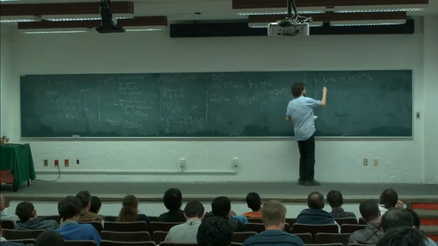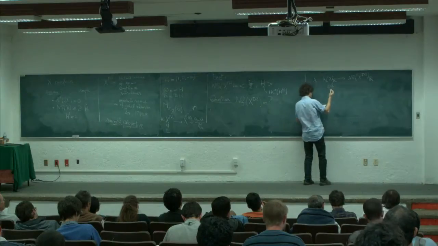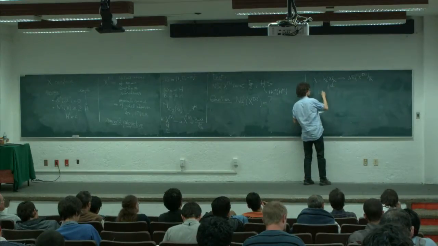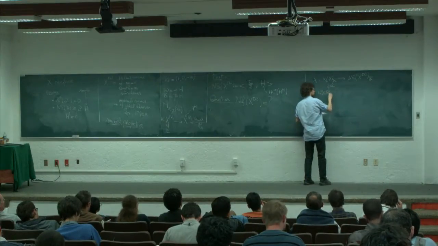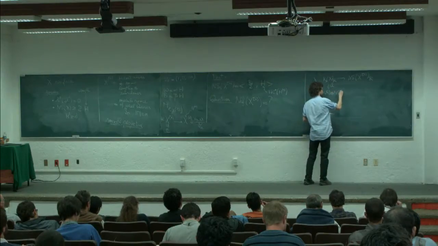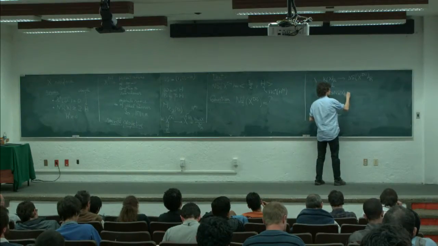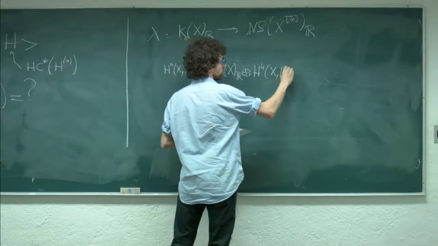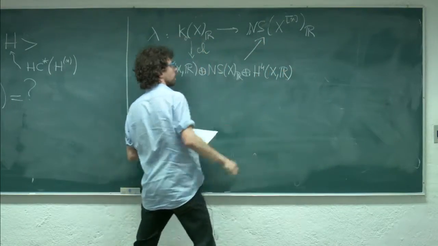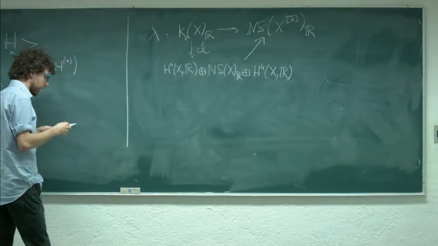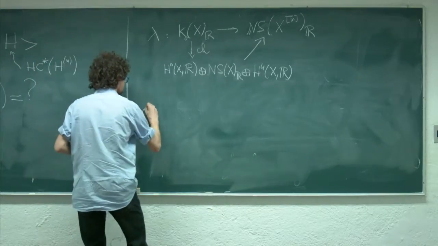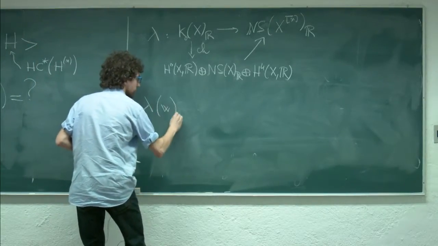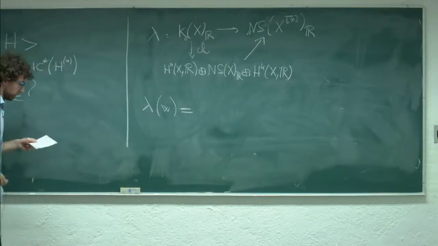So this map factors via the cohomology. Let me just write it briefly what this map is. And so this map lambda, how is it defined? Lambda is defined as follows. I'm just taking a class, and I do the following operation.